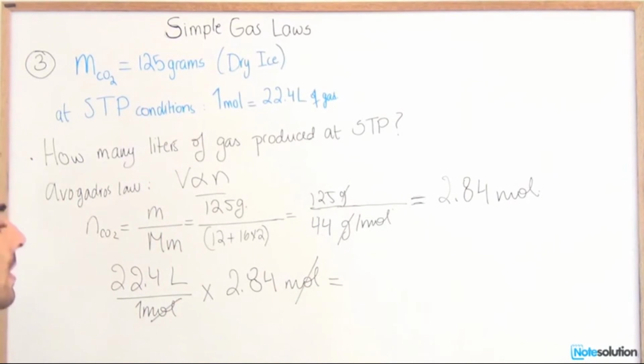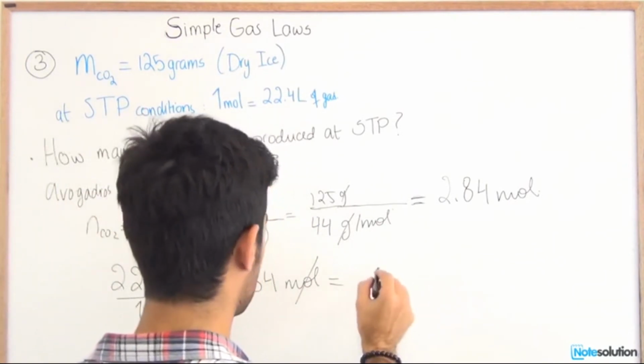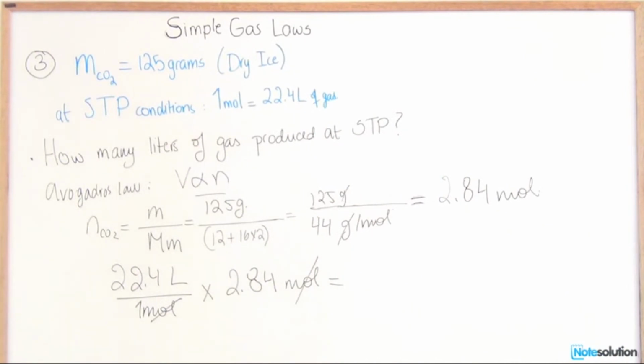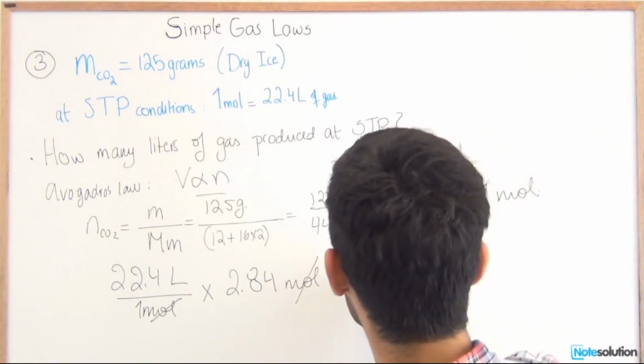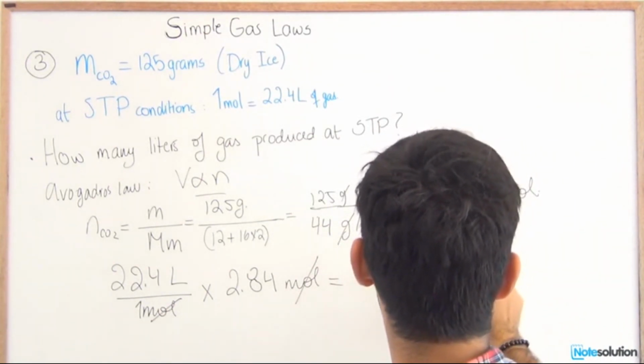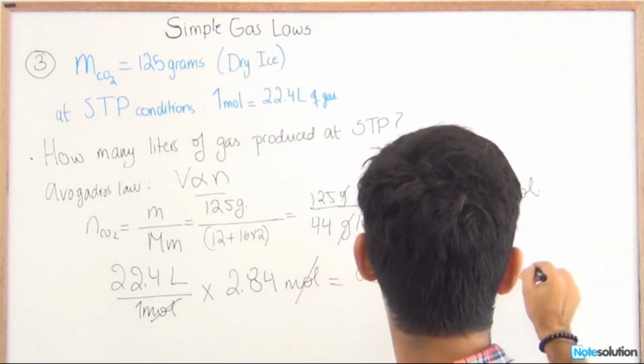Cancel off the units, and let me do the calculation. If we calculate 22.4 times 2.84, that should give you 63.6 liters of carbon dioxide.